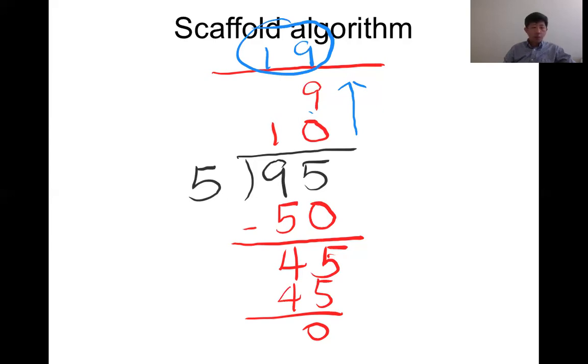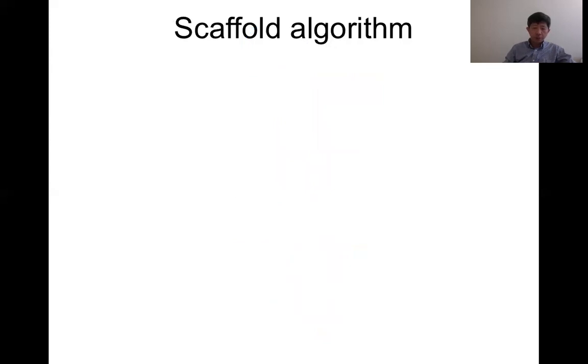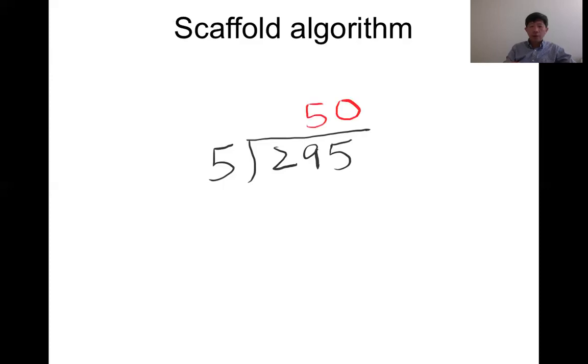Can we do another problem? Yes, let's do another problem for this. Let's say 295 divided by 5. This time we take 50 times 5, which is 250.